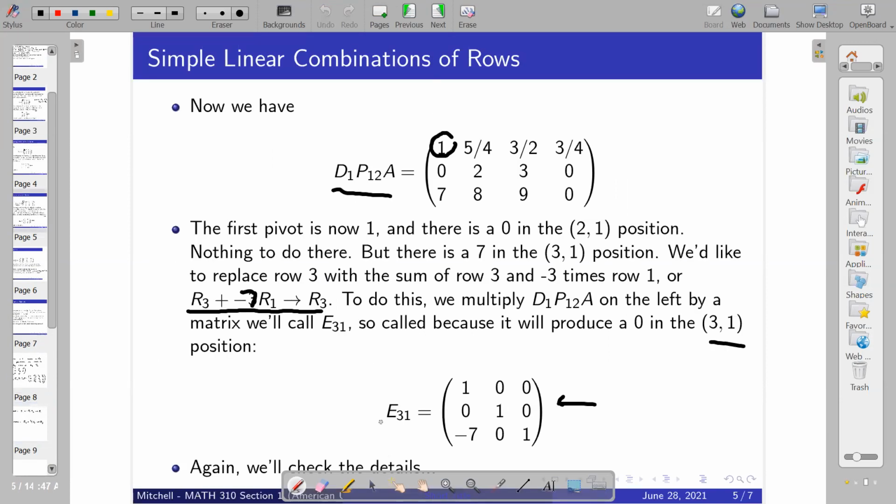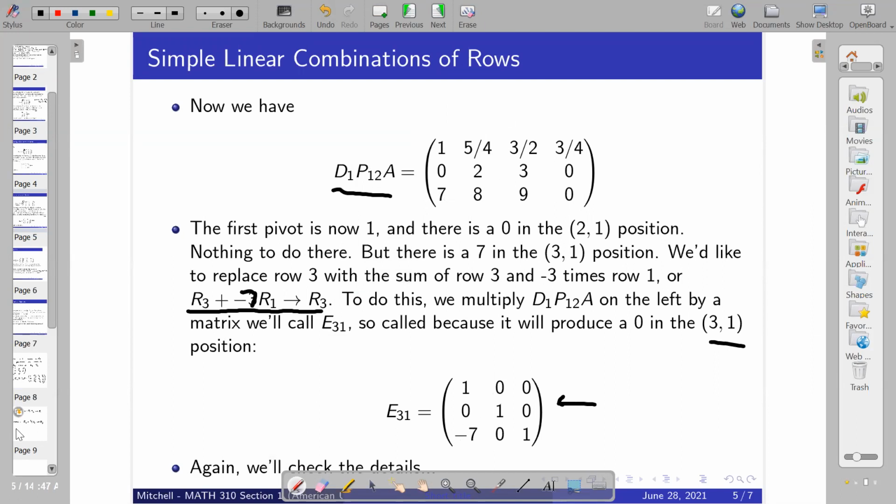So E31, notice we were playing the same game earlier with this matrix. If you have a 1 here in that pivot position and you wanted to eliminate that 7, you could multiply this by E31, but notice the -7 is in this position. The -7 is related to the 7.